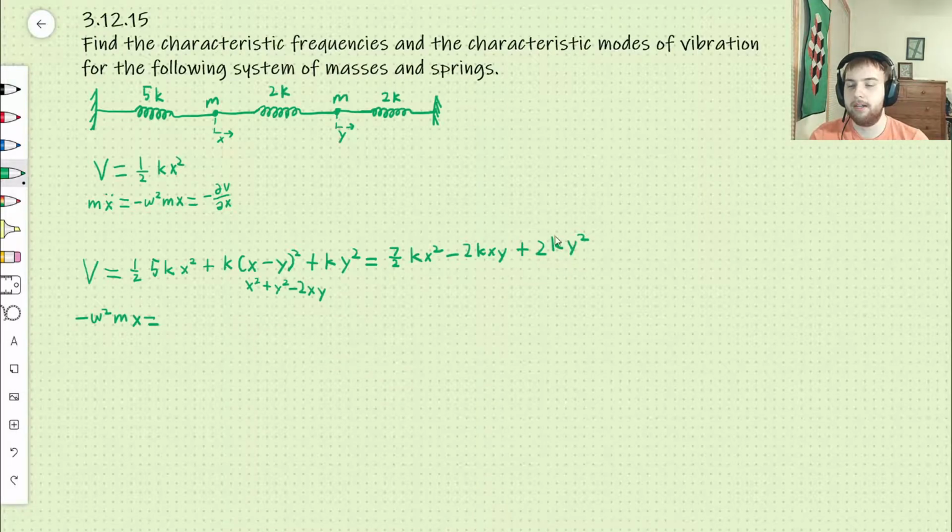This term is going to be a constant, so it drops out, and we're going to have 7kx minus 2ky.